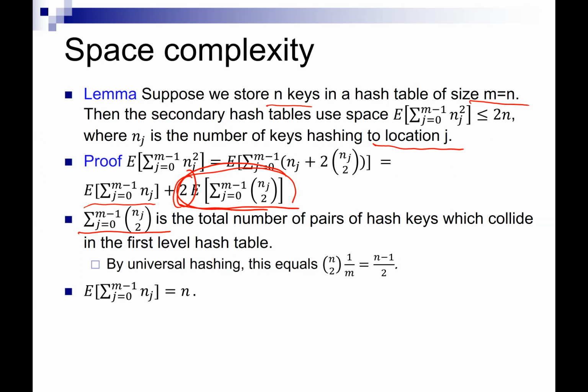So the overall sum of all of these nj squares is going to be basically n plus n, which is at most 2 times n. So this shows that these secondary hash tables altogether are only going to use size 2 times n. And the first layer hash table uses size n, so altogether we're going to use size 3 times n in expectation.